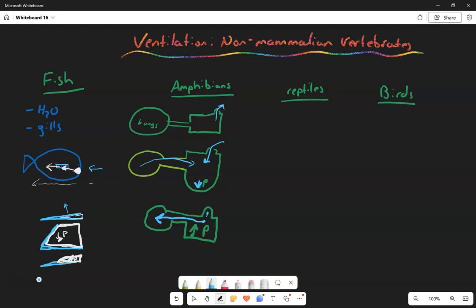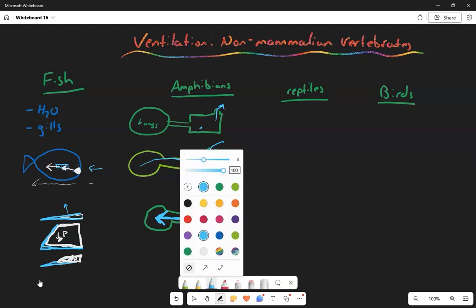So you have a raise-lower to get air into the lungs, and then a lower-raise in order to get air out of the lungs. So two basically up-downs of the buccal floor in order to push air into the lungs.